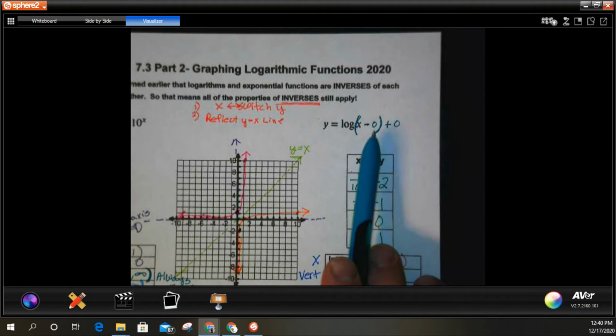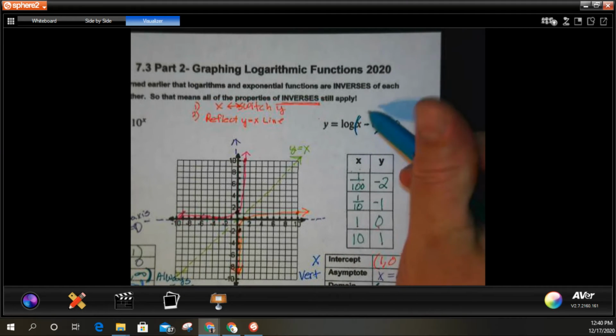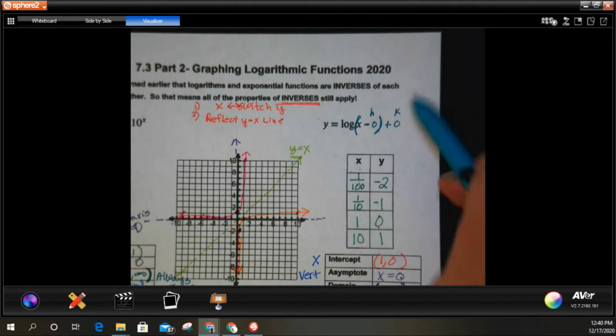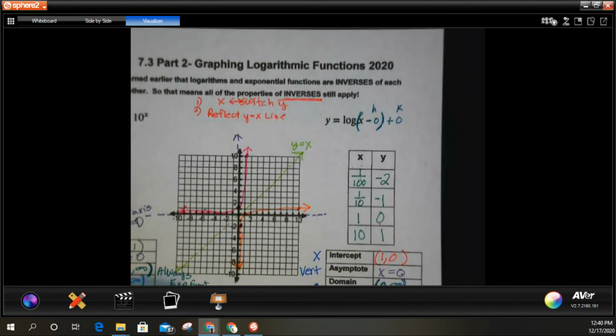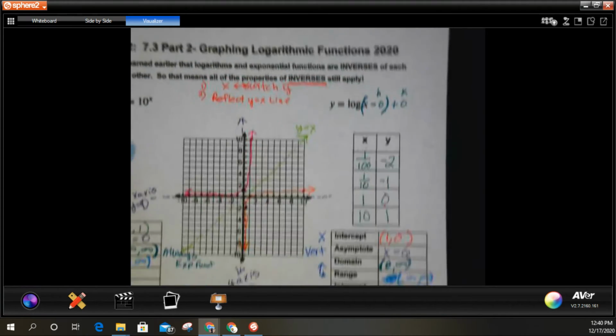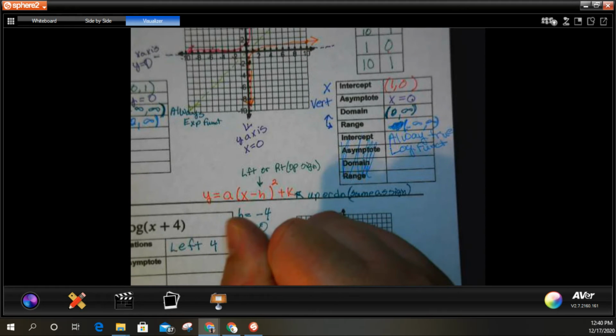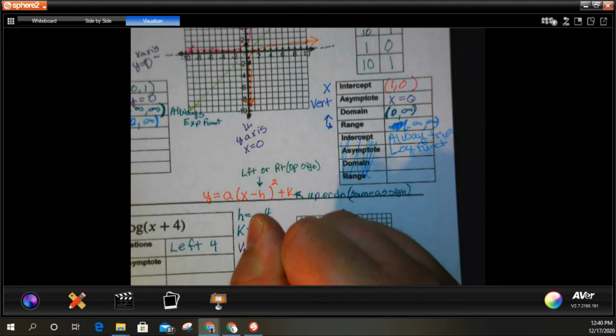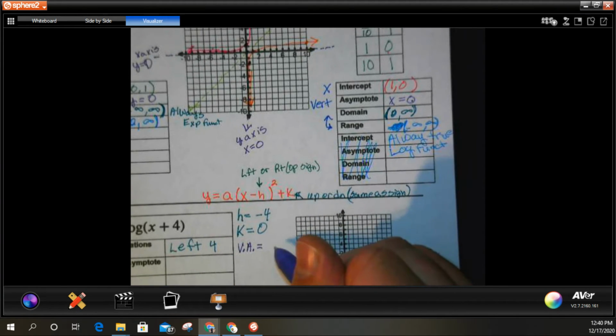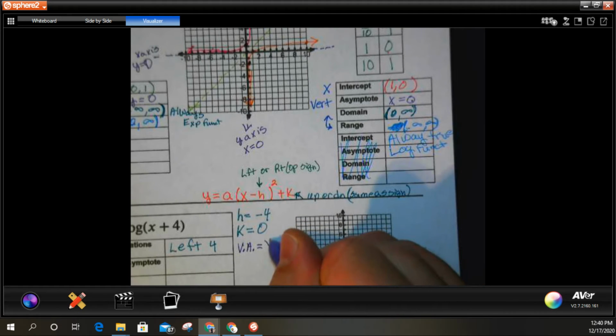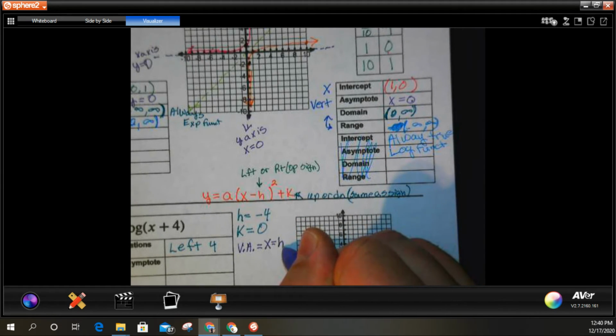So my asymptote for log functions, just like exponential functions, my vertical asymptote is x equals h. My horizontal asymptote for the exponential was y equals h.